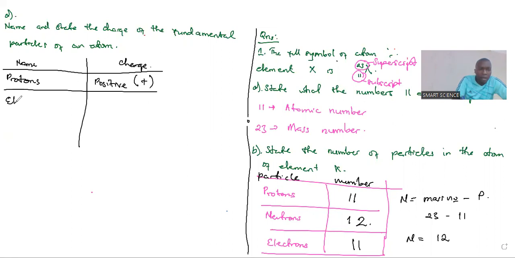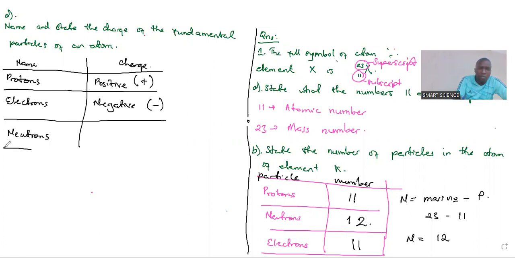The next are electrons, which are negative. The brackets just a minus. The third are neutrons, no charge, or neutral.